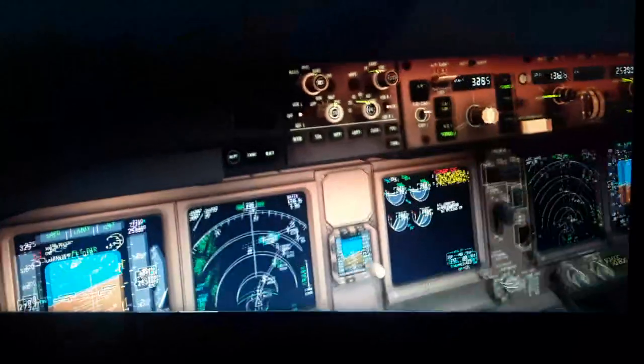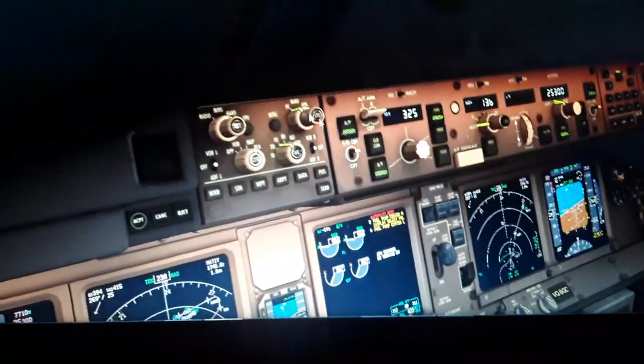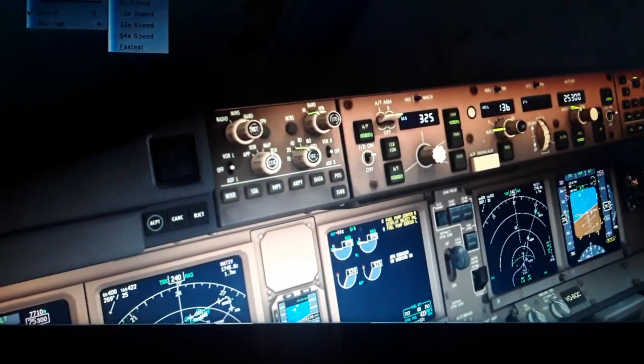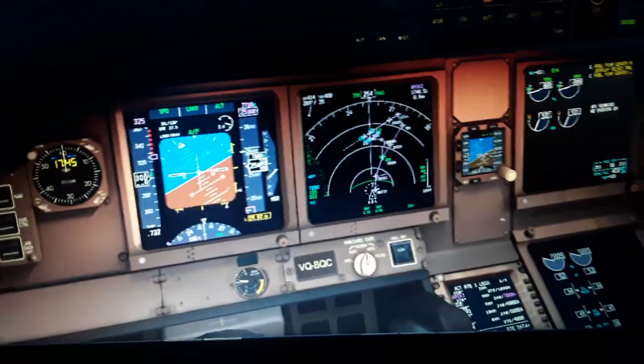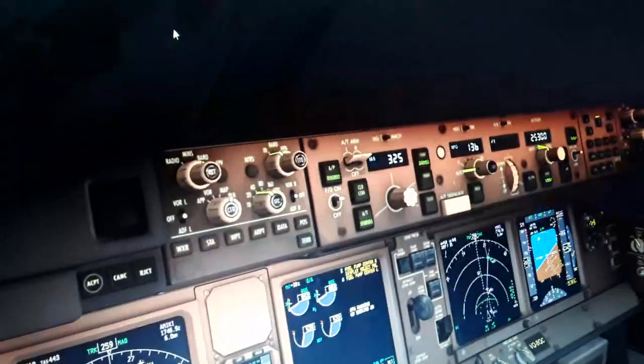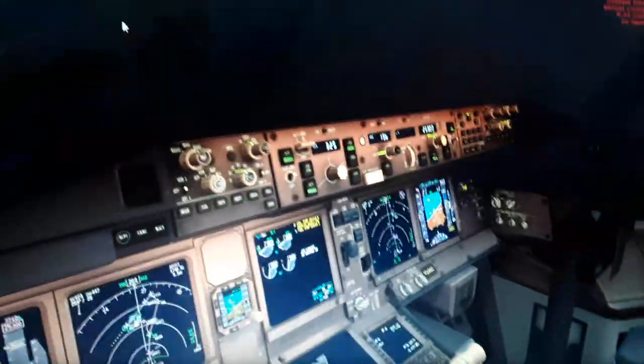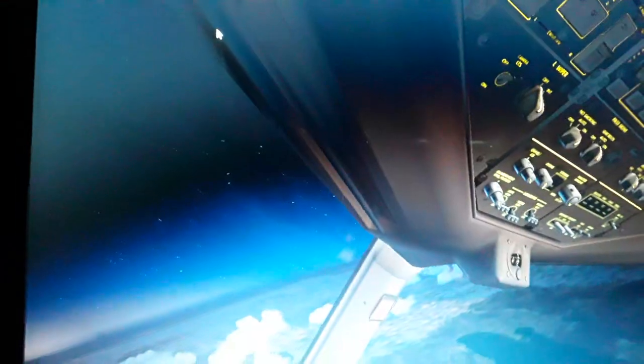You can also connect the autopilot for display. As we cruise back to the airport, you can see the settings for the autopilot is on.